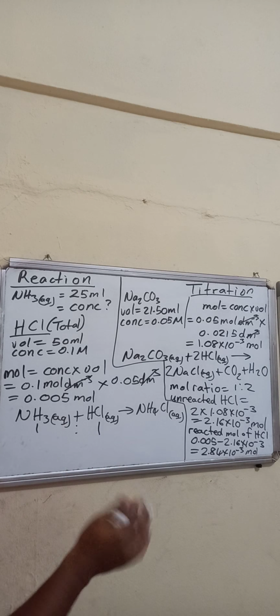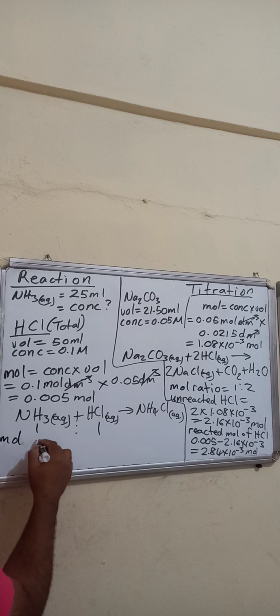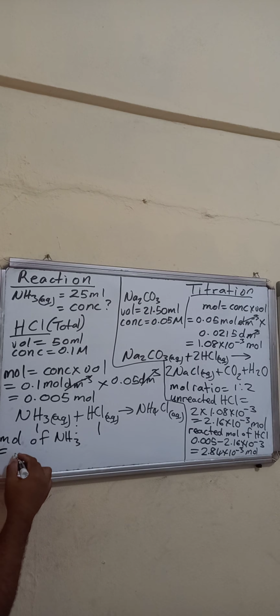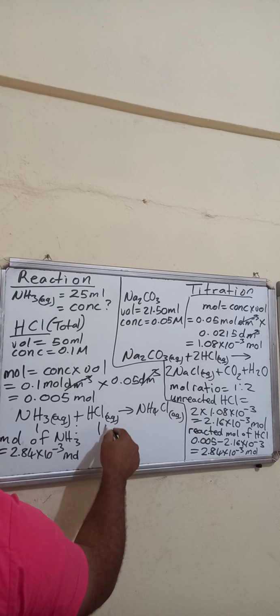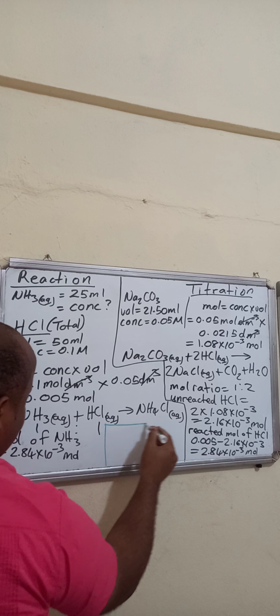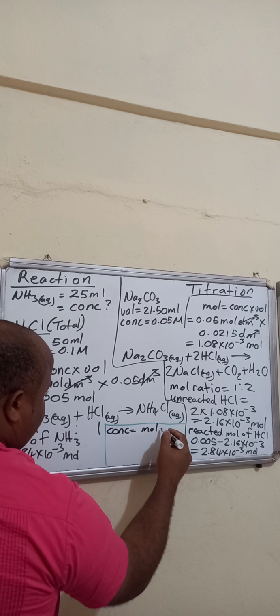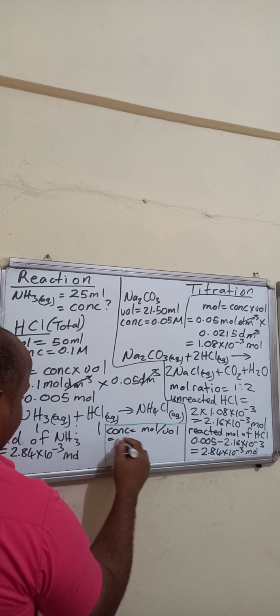So the mole ratio is 1 to 1. So the mole of ammonia is equal to 2.84 times 10 to the minus 3 moles. And so if we want concentration, we know that concentration is mole divided by volume.